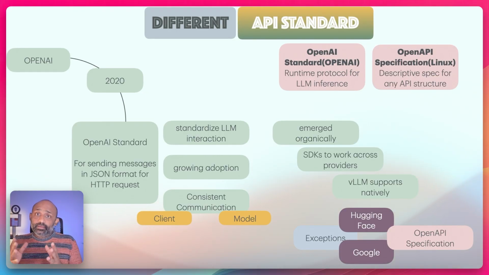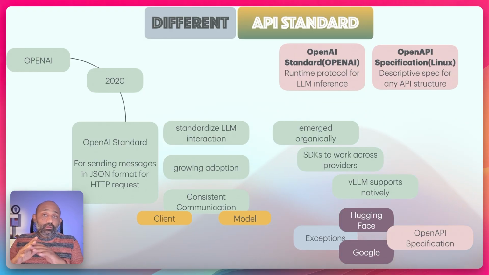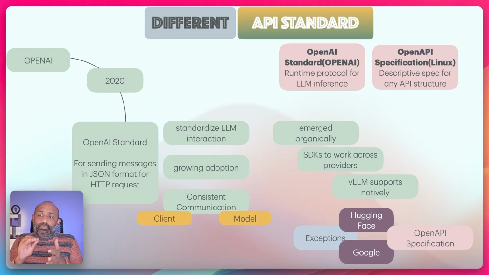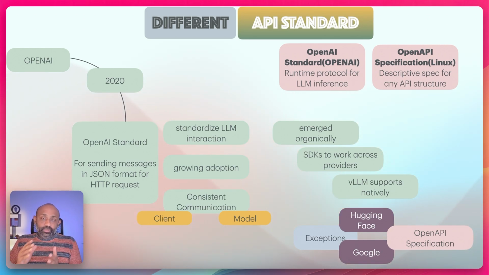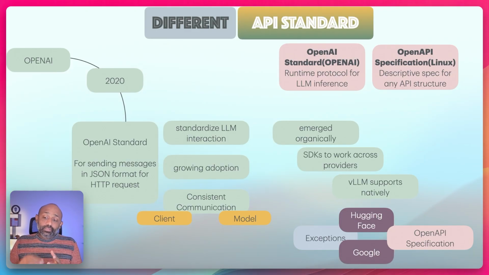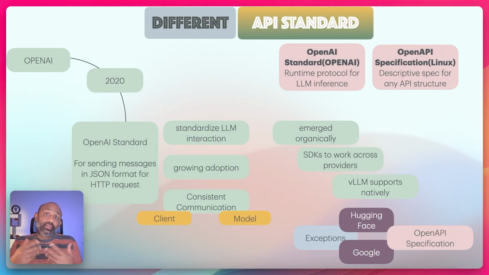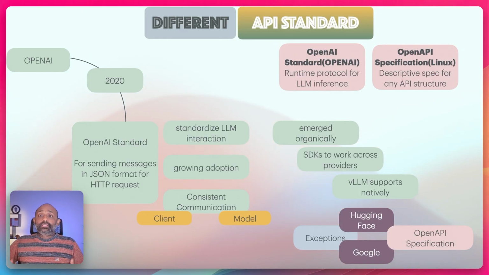OpenAPI, on the other hand, is a specification formed by the Linux Foundation a long time back. It is a descriptive spec for any API structure. Hugging Face and Google follow the OpenAPI specification, but OpenAI follows OpenAI standards, and a lot of other providers also optionally support the OpenAI standard to make it easy. So these are the API standards.